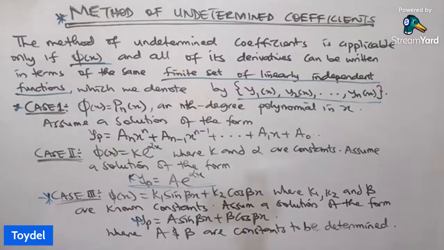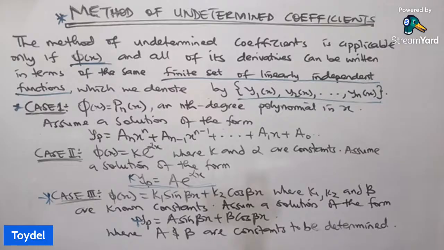But let's take note of the following. The first thing to note is that if phi of x, the right-hand side, is the product of terms considered in cases 1 through 3, then we take the particular solution, y of p, to be the product of the corresponding assumed solutions, algebraically combined where possible.